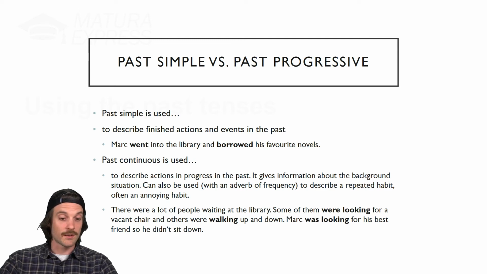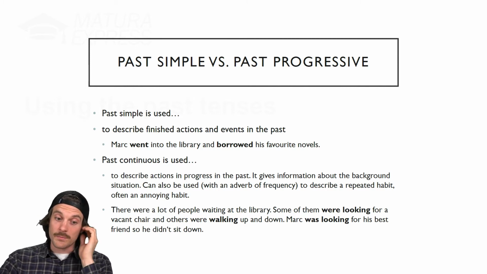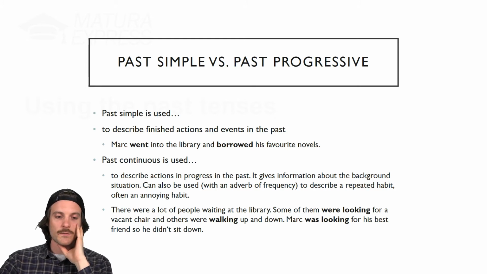I've provided another example sentence which is basically almost all progressive. There isn't any simple aspect. There were a lot of people waiting at the library. Some of them were looking for a vacant chair, and others were walking up and down.